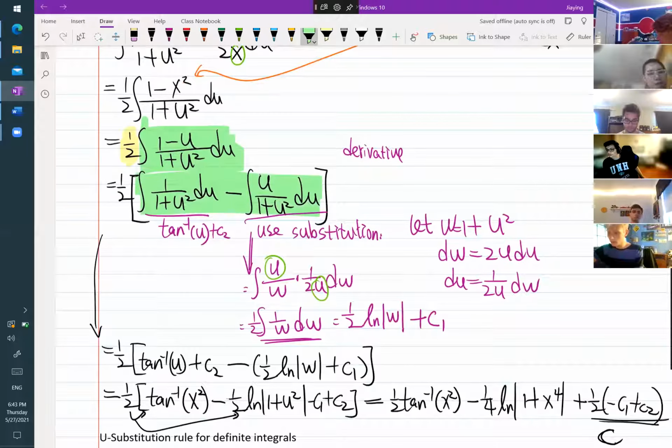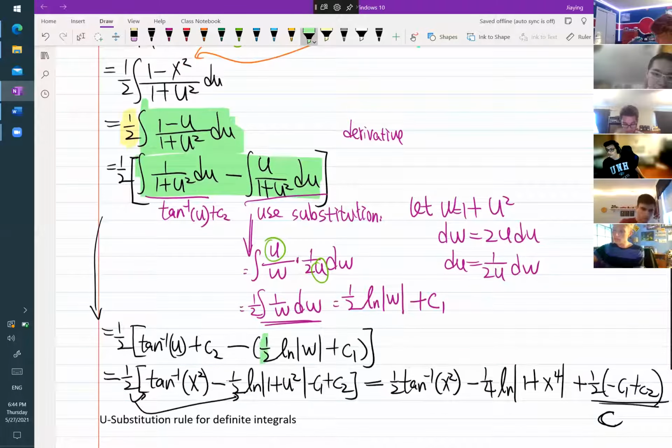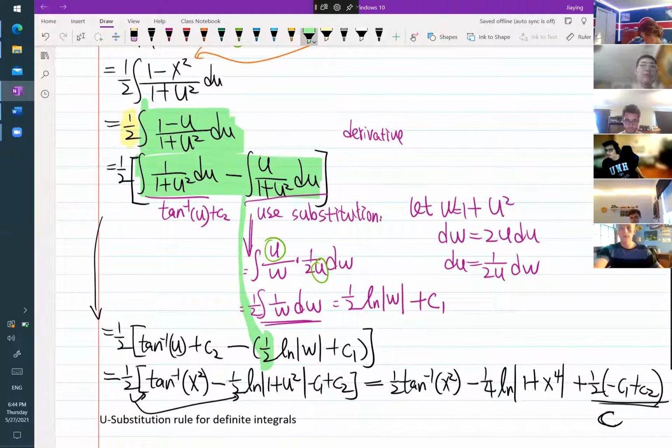The half we took out earlier is still outside. And this half comes from integrating the second integral. So this half is different from the half we had earlier. There's a lot of halves, but they're different parts.